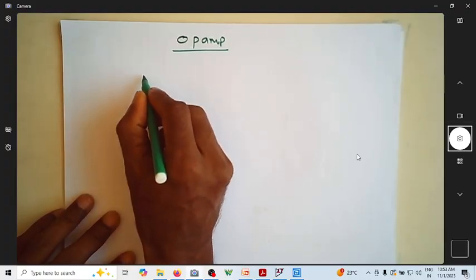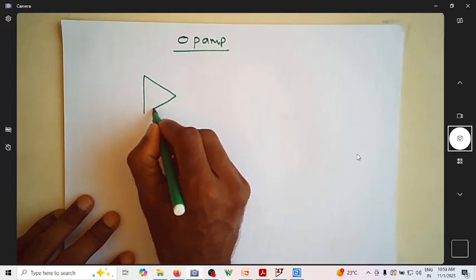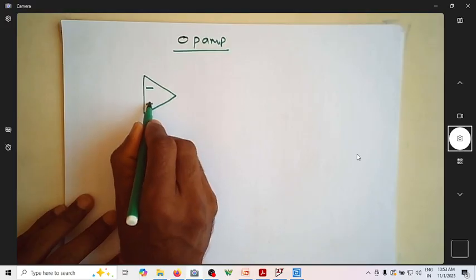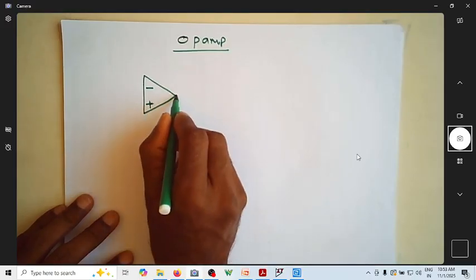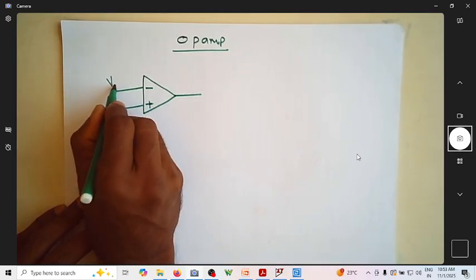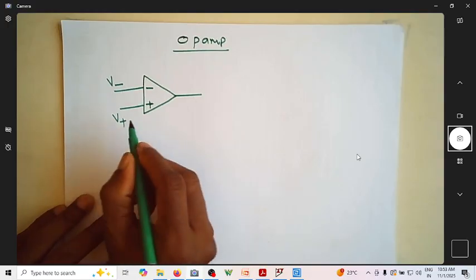introduction. So now this is the symbol of an op-amp. It has two inputs, plus and minus, and there is an output. If I call this Vi, this is V plus.